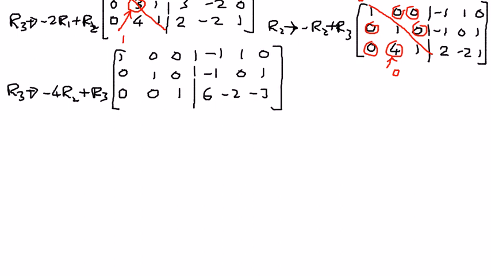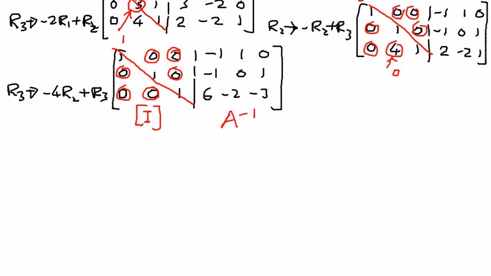If we draw a line along the major diagonal, we have 1s along the major diagonal, 0s below the major diagonal, and 0s above the major diagonal. Therefore, we have achieved the inverse matrix. This matrix is the identity matrix, and this on the right hand side is the inverse matrix.